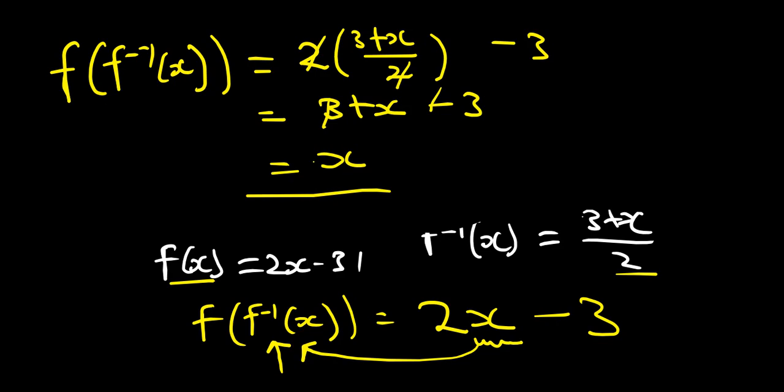If the answer gives you x, then you know that those two functions are inverses of each other. If the answer does not give you x, then we know that those two functions are not inverses of each other. So that's how we are going to be using that concept of the inverse and the function.